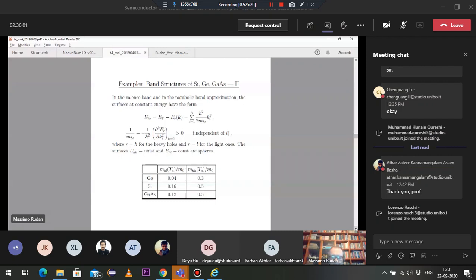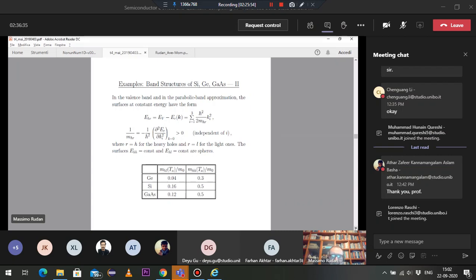When we want to describe or indicate the values of these masses, instead of indicating the absolute values of the masses, it is more convenient to express the ratio, you can see it in the table, between the mass of the particle and the mass of the free electron. Okay, so here m0 is the mass of the free electron.